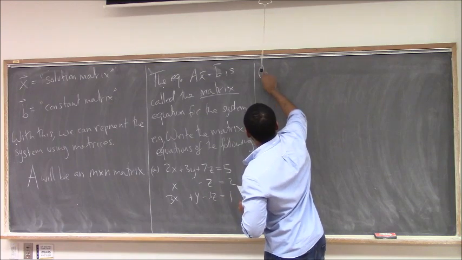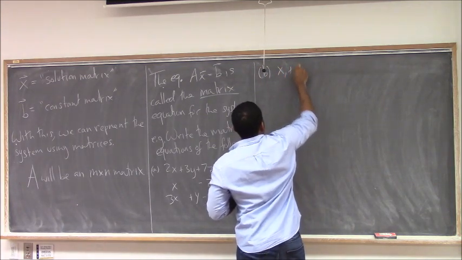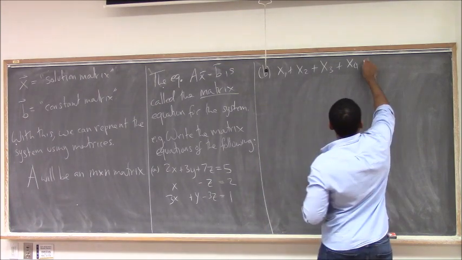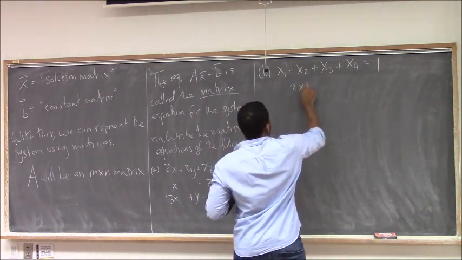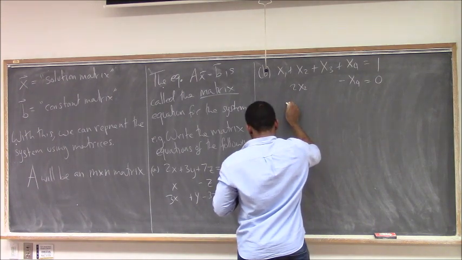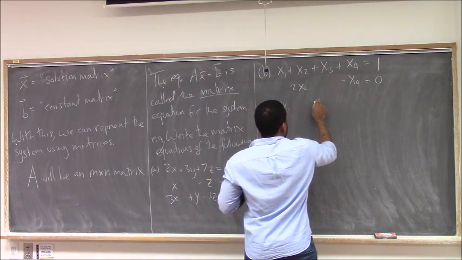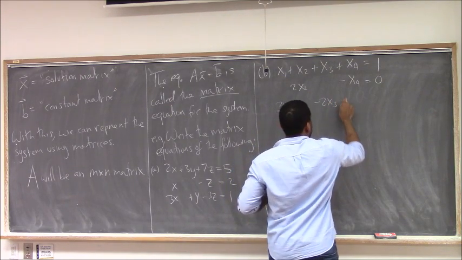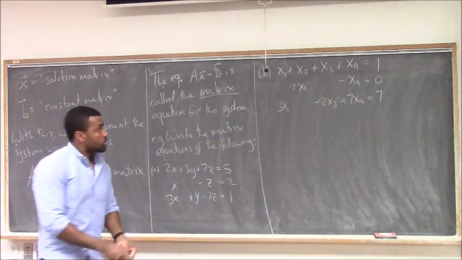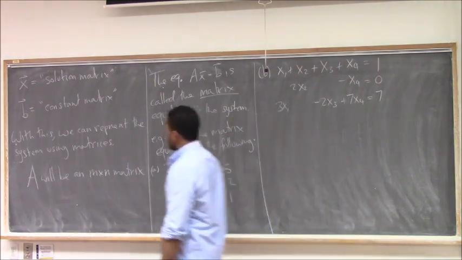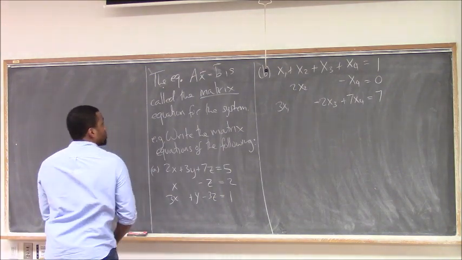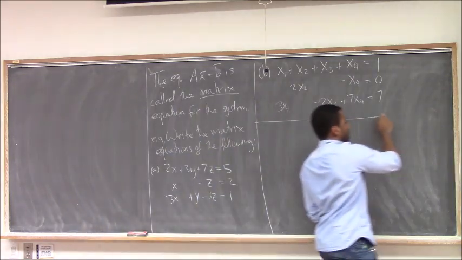Let's do a slightly larger one, with four variables here. Let's just do those, and then I'll tell you another form that's convenient.